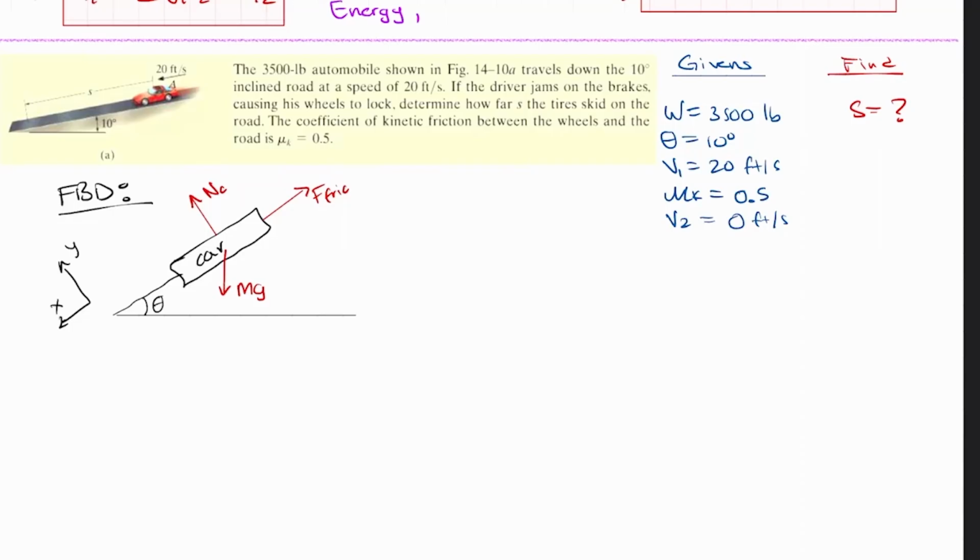Notice once again we have 3 different forces, and let me write down the equation that we need. The equation that we satisfy is T1 plus the sum of work done from state 1 to 2 equals T2. This is the equation we need to use to solve this problem.